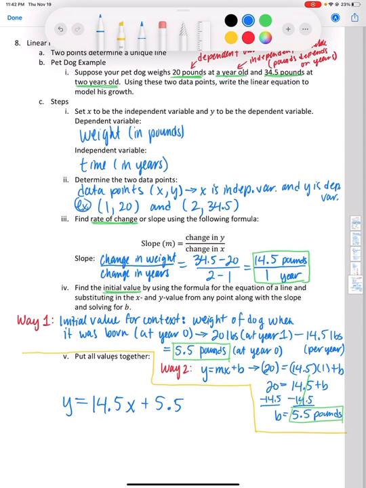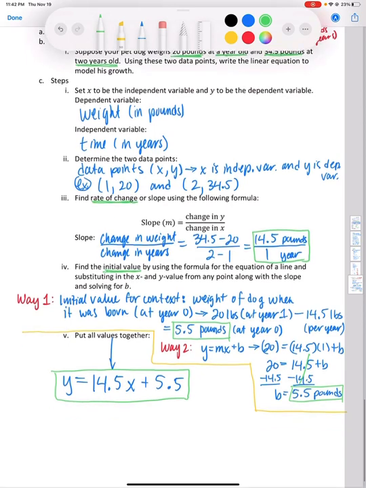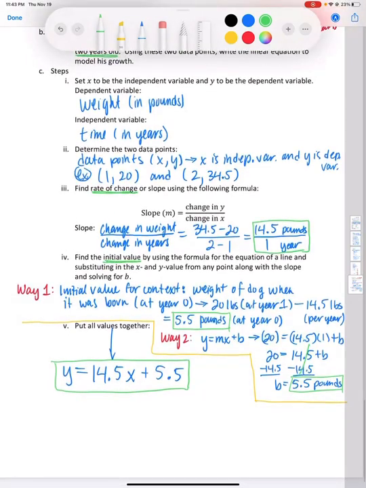So we put all our values together, that's what we get. I think this model works well for younger ages. When the puppy was 1 year old, it weighed 20 pounds. When it was 2 years old, it weighed 34.5 pounds.